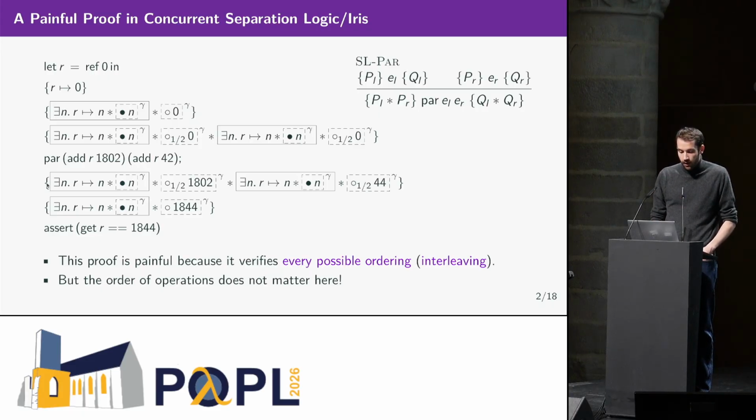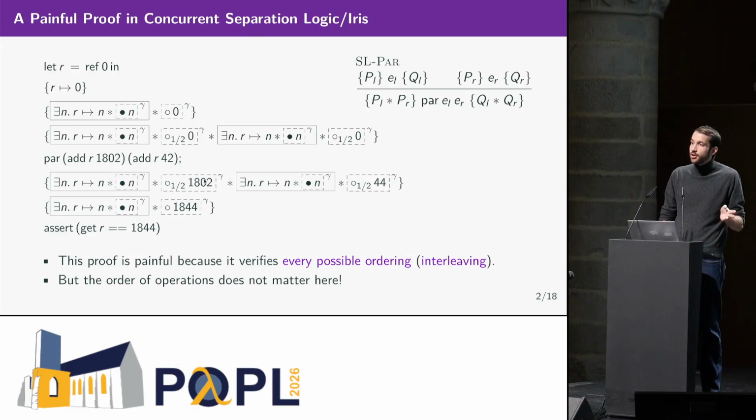So it verifies that the program is correct, even if the addition of 18 and 2 happens before 42 or the other way around. But one observation we can make here is that the order of the addition does not matter. Additions commute. So this proof is a bit too difficult for its own good.